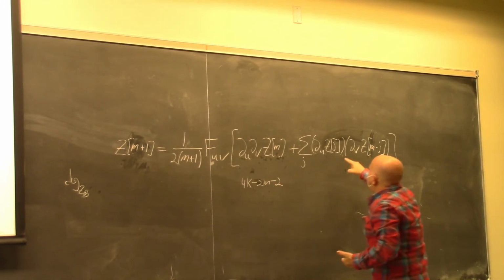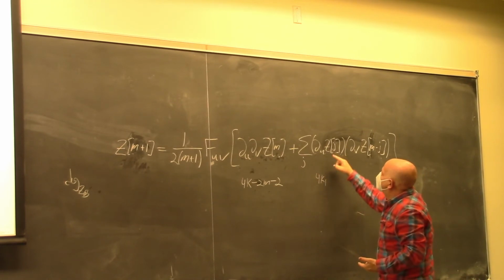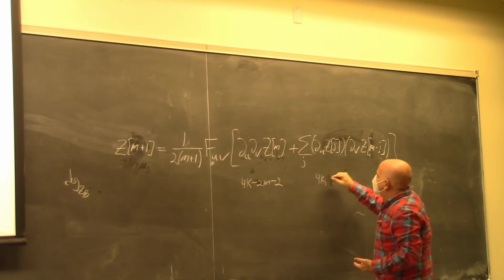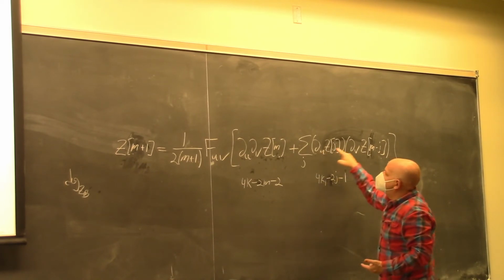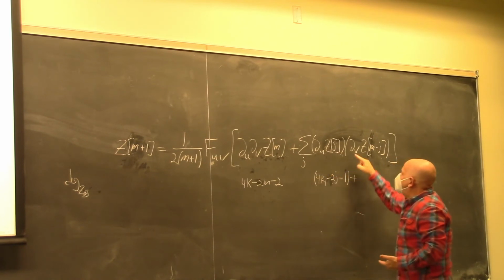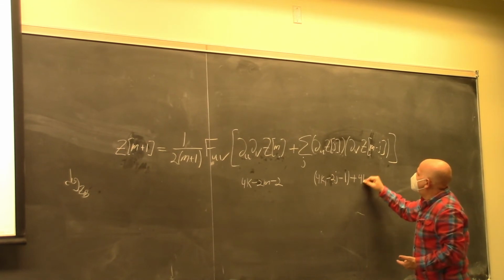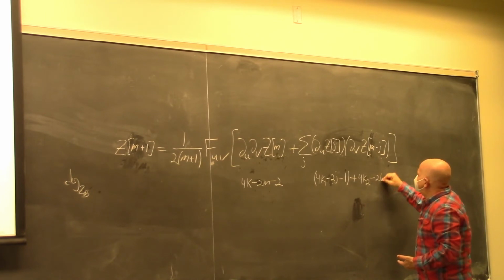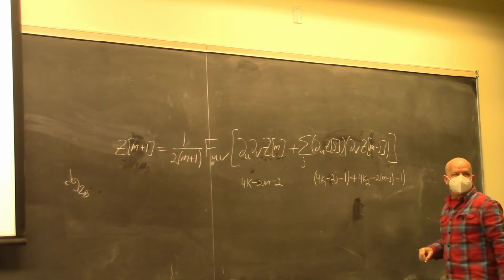Okay? And here I get 4k1 minus 2j minus 1, because I differentiate once, plus from this term I'll get 4k2 minus twice m minus j minus 1.